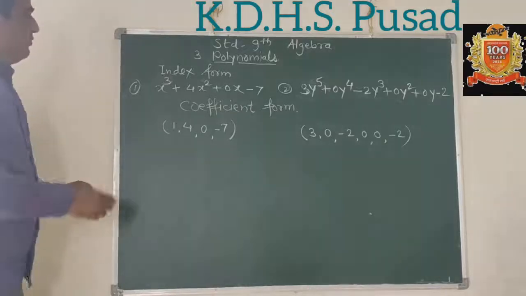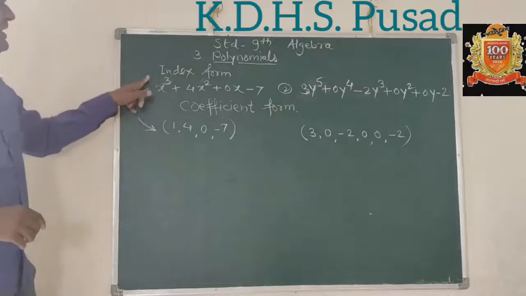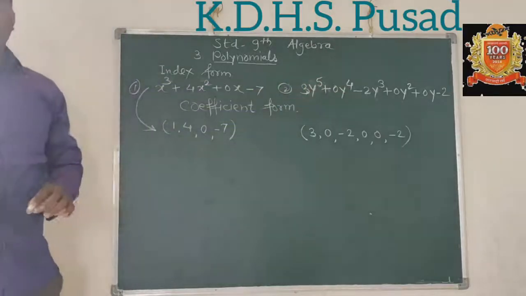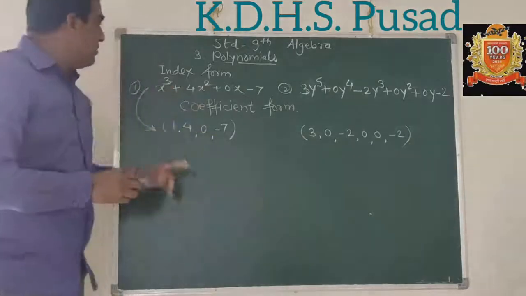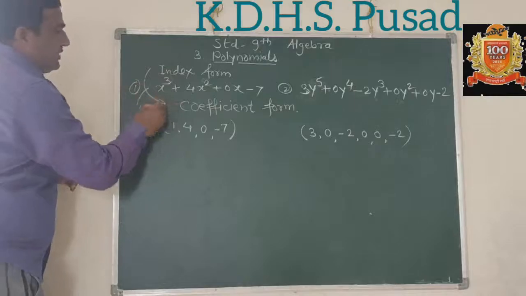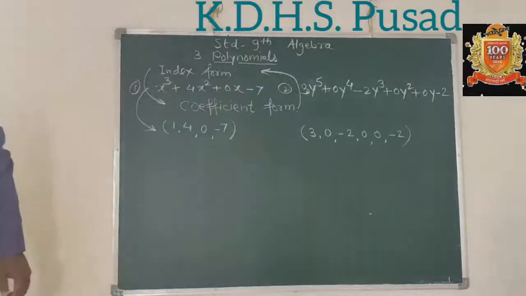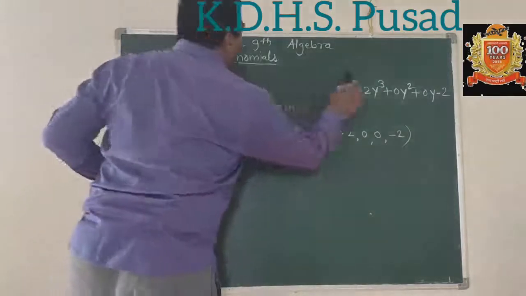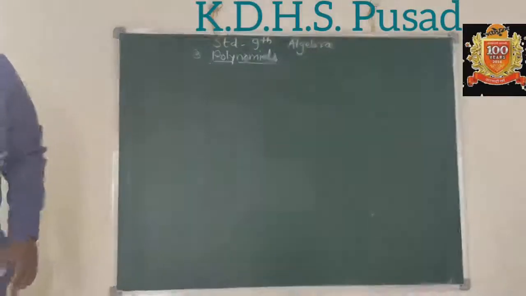Now, we converted index form into coefficient form. Now, let's study how we can convert coefficient form into index form. Index to coefficient. Now, we want to study coefficient to index. So, let's consider some examples of how we can convert coefficient form into index form.